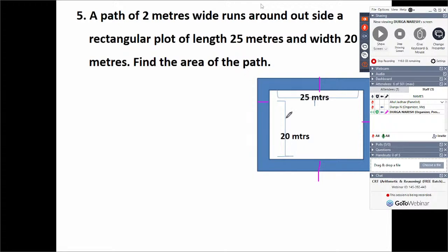So 20 plus 2 plus 2 is 24, and 25 plus 2 plus 2 is 29. That is the dimensions of the outer rectangle. Clear all of you?